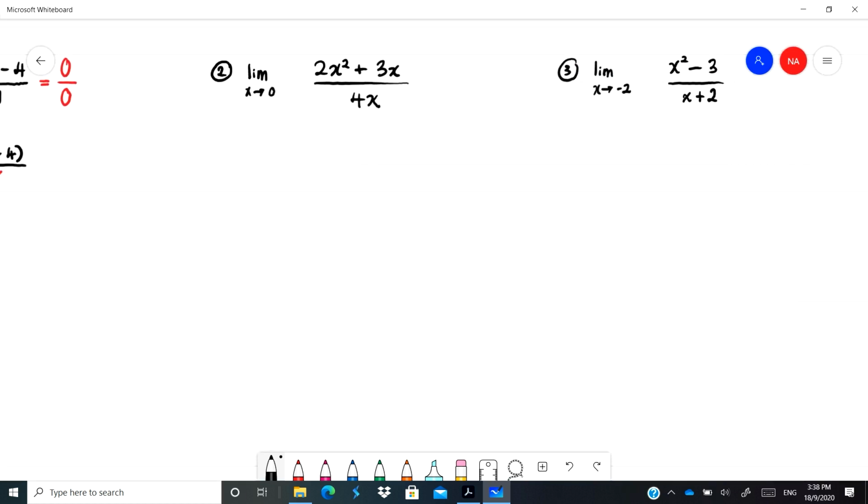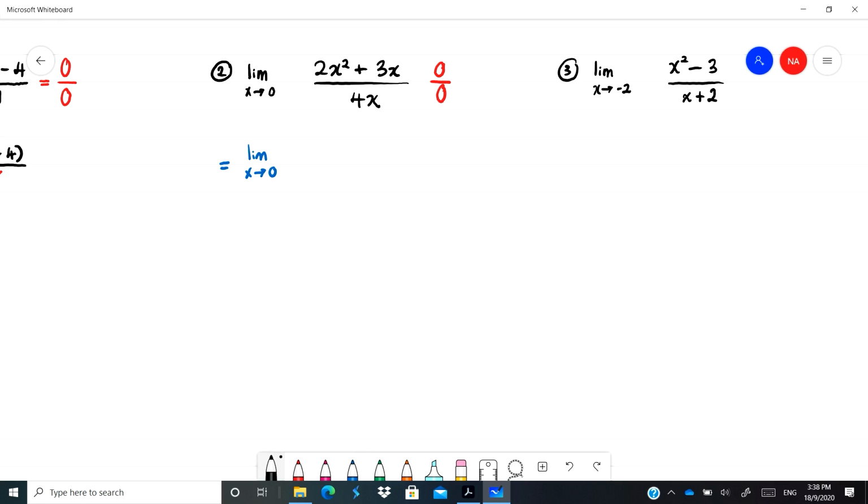Let's look at the second one. If you try to substitute the value x equal to 0 in the numerator and also the denominator, you will get a 0 over 0 case, which is the case where you have to use factorization. As long as you have not substituted the limit, you have to write it back: limit as x approaching 0, you just copy it.